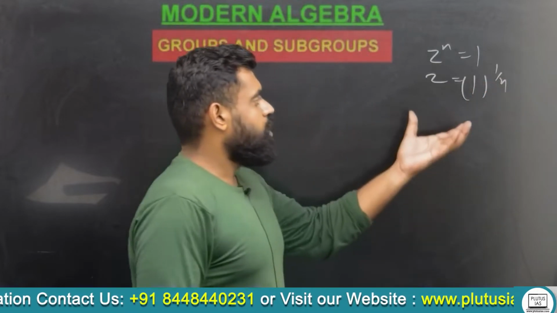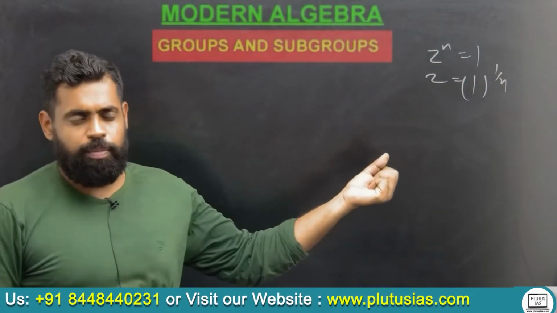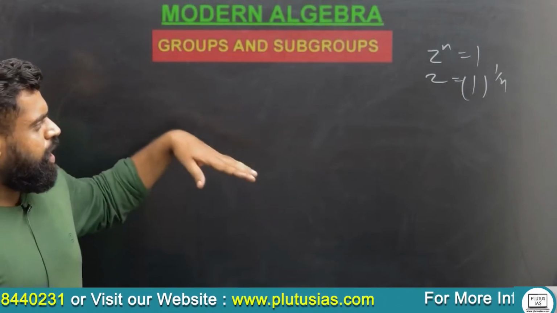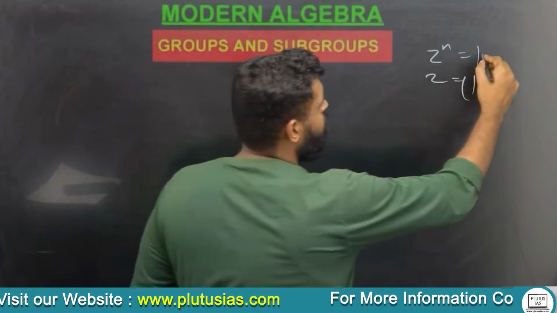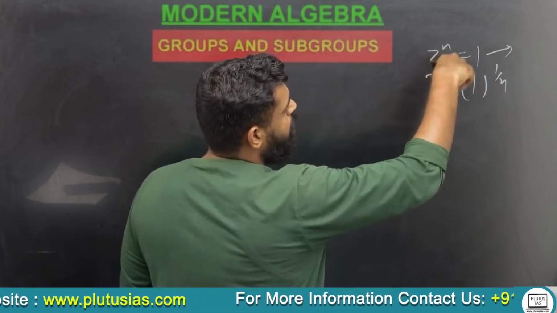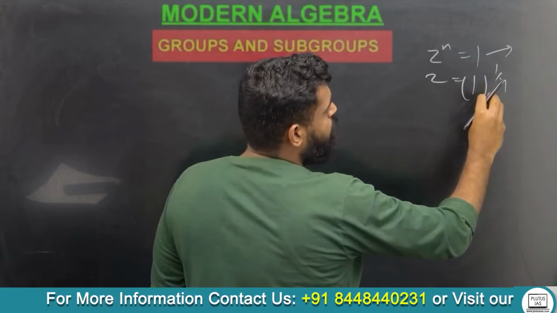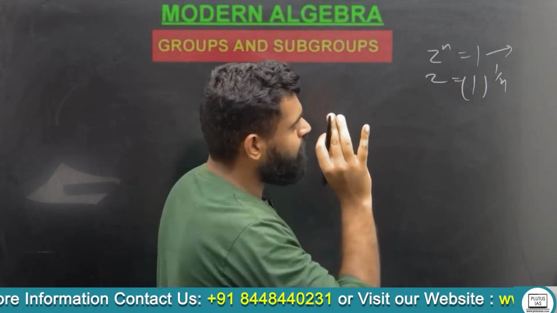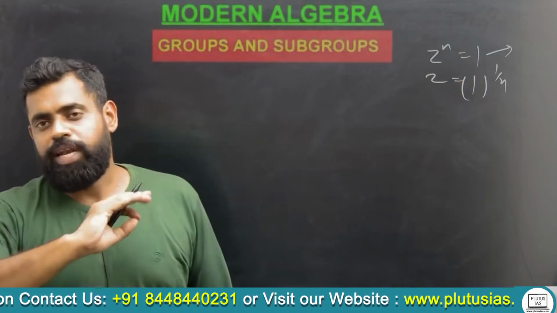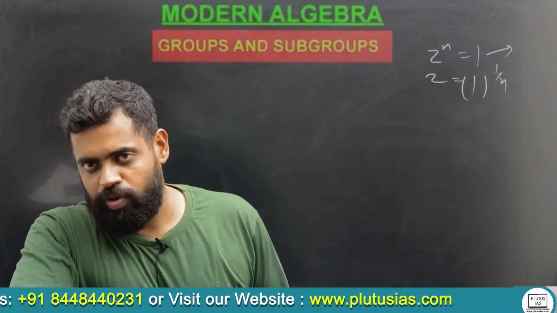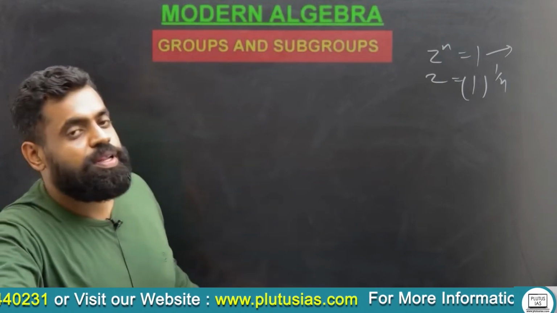These are the roots of the equation in complex numbers. It will have n roots since it is a polynomial of degree n. One root, as we can clearly see, is 1, but it will have n minus 1 other roots also. So these are the nth roots of unity.